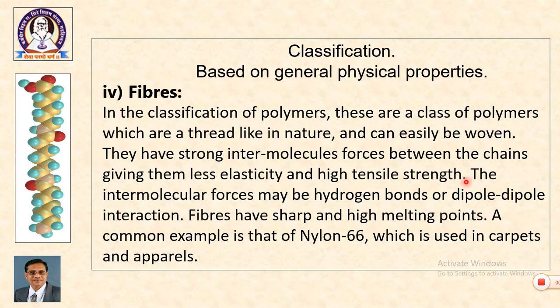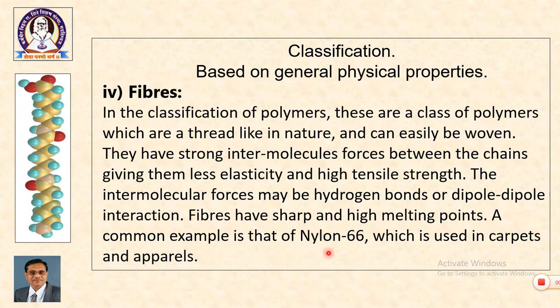So, these properties can be asked in the MCQ form. So, fibers have less elasticity. Elastomers have maximum elasticity. Fibers have high tensile strength. The intermolecular force may be hydrogen bonds or dipole-dipole interaction. Fibers have sharp and high melting points.